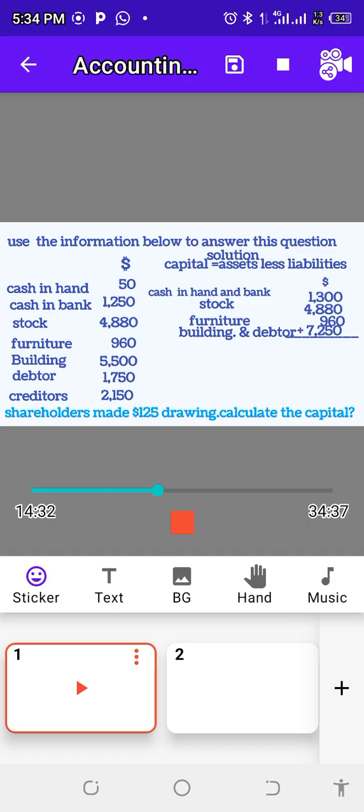When we sum them up, 1,300, 4,880, 960, 7,250, we have 14,390. And from 14,390 we minus only the current liability, which is 2,150, and we have the capital as 12,240.